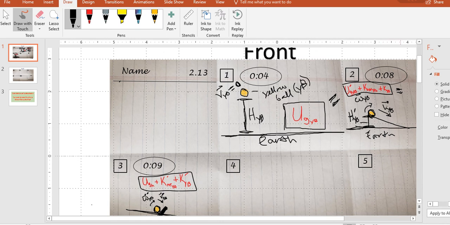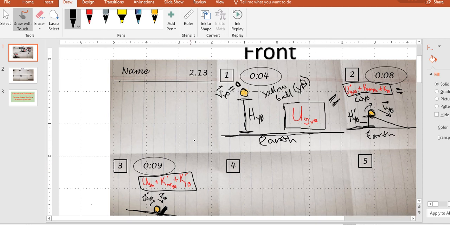And again, no outside forces, isolated system, therefore mechanical energy is conserved. This mechanical energy just gets converted over here to potential energy of gravity due to the hammer, plus the next rotational kinetic energy of the yellow ball, plus the next regular kinetic energy of the yellow ball. That's a lot to say.